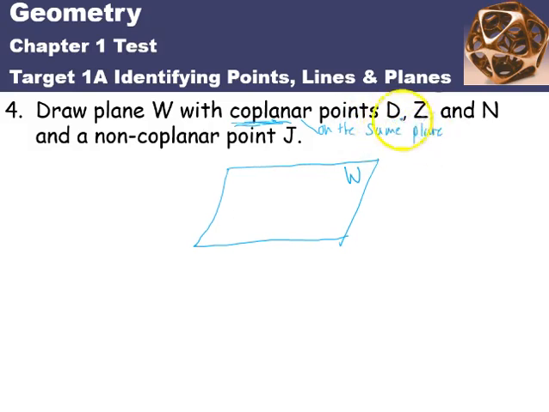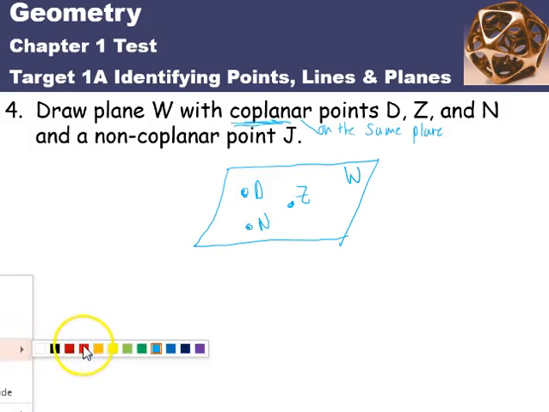So these points, D, Z, and N, need to be on the plane, but they're points, so I need to do points next to them. And I shouldn't put them all in a straight line. Okay, so there. And then we have a non-coplanar point, J, not DJ.